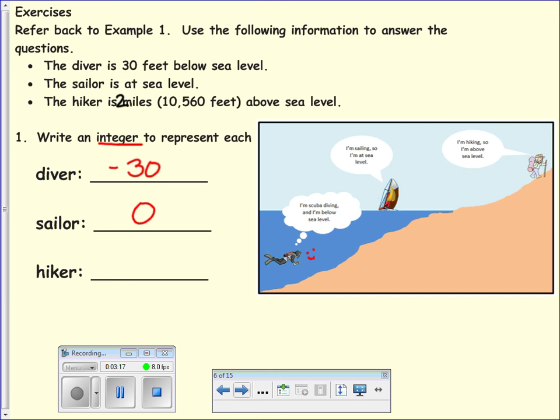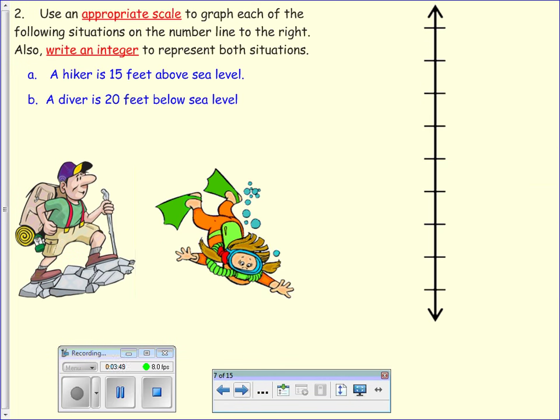So that would be a positive 10,560. We could have put a positive 2, but then if we wanted to compare who was further away from sea level, it would have been confusing, because the diver would have been 30 feet, but the hiker would have been 2 miles. So the 2 and the 30 would have been confusing to compare. So I kept them both in the same unit. So who's further away from sea level? The hiker, right? But we're going to get into distance much later on.